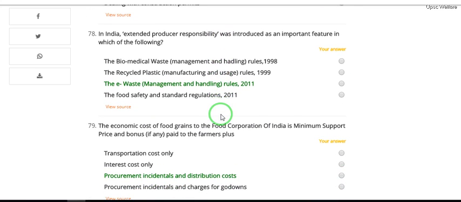Now if you have studied the E-Waste Management and Handling Rules 2011, then it is quite easy for you. So in India, see, the question is asking in which of the following Extended Producer Responsibility was introduced as an important feature. So the E-Waste Management and Handling Rules 2011.